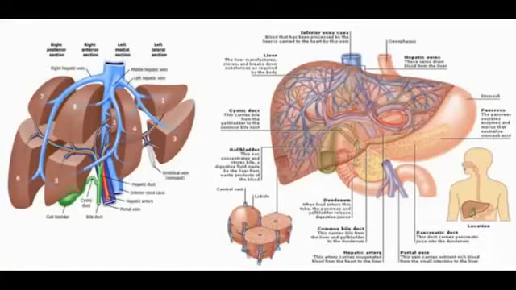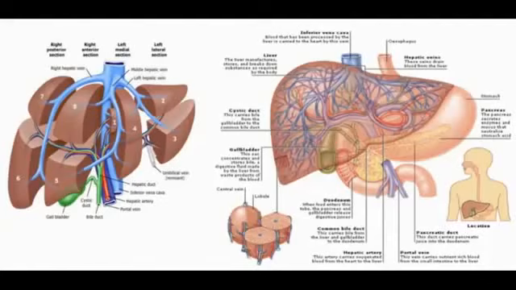Thrombopoietin is an important peptide which protects and supports the function of the bone marrow. Another function is the breakdown systems which are present in the liver.